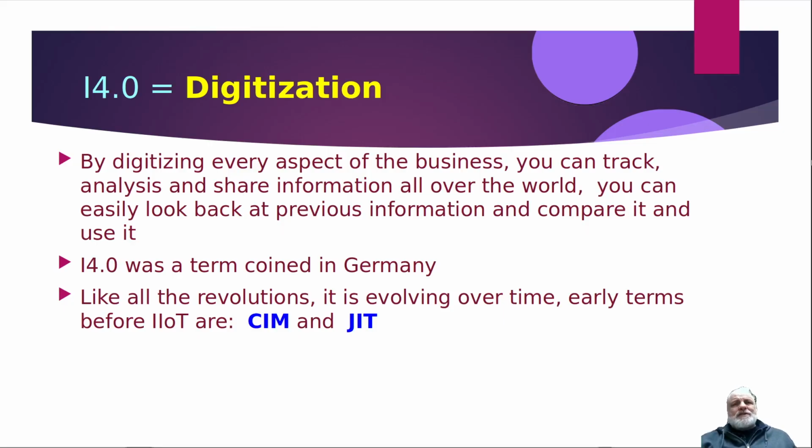Now, when this was first starting back in the 90s, there were a couple of terms that became very popular called CIM, which is Computer Integrated Manufacturing, and JIT, which is just in time.